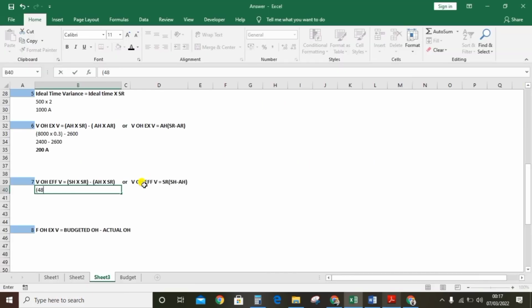So 4,850 into 2, this is SH, and SR is 0.3, minus AH 8,000 into SR 0.3.